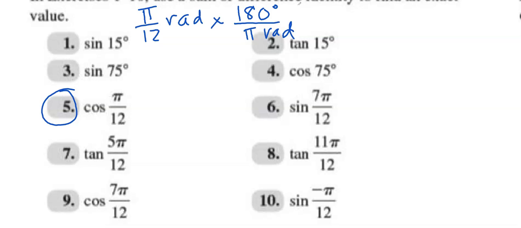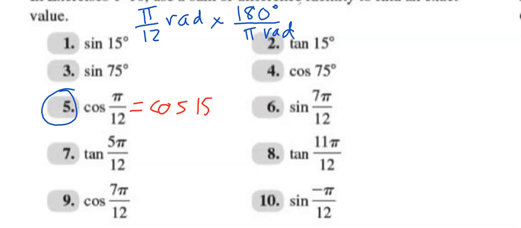Yeah, 15 degrees, right? So this is the cosine of 15 degrees.